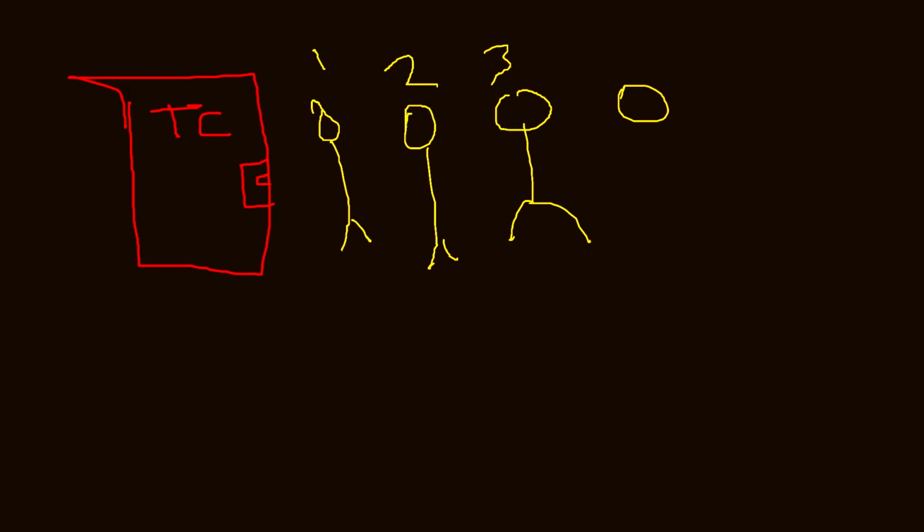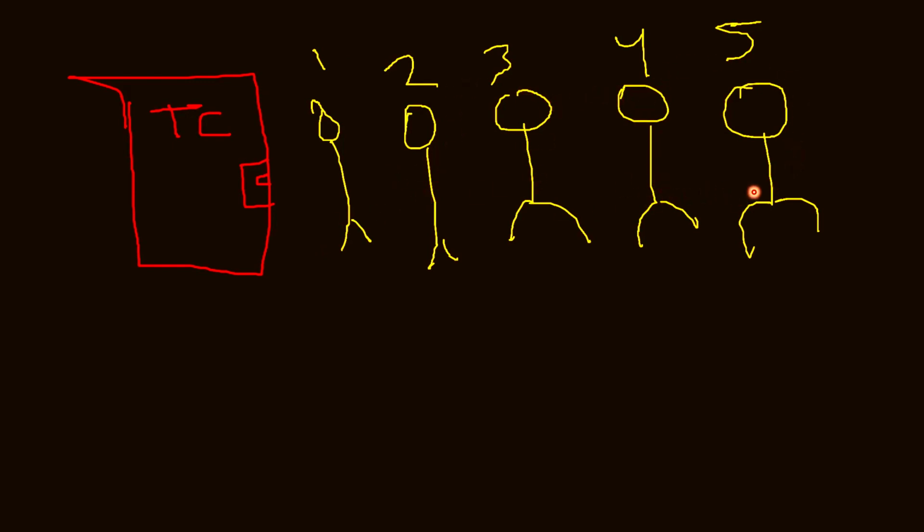Person four will stand next to person three, and let's take one more person, person five, who will stand after person four. So who will take the ticket first? Obviously the first person will get the ticket first. After that, the turn will come to person two, then person three, then person four, then person five.